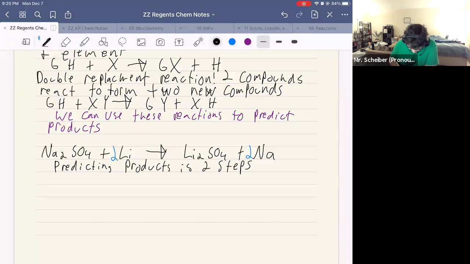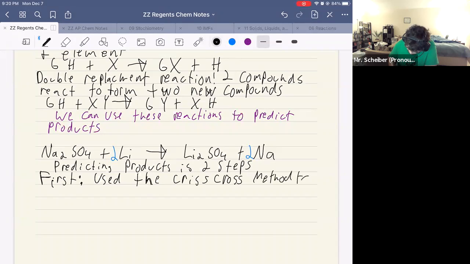The first step that I did, we used the crisscross method to find the chemical formulas of the products.